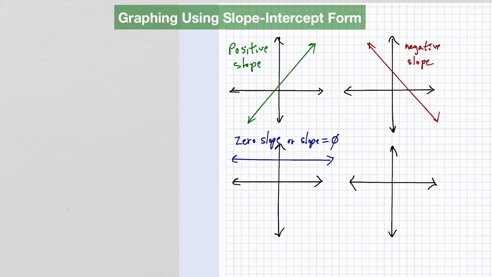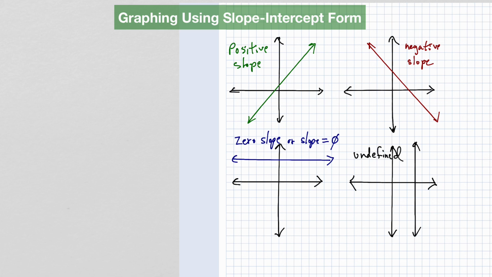Okay, and then the last one, where the line is parallel to the y-axis or exactly vertical, this slope is called undefined.